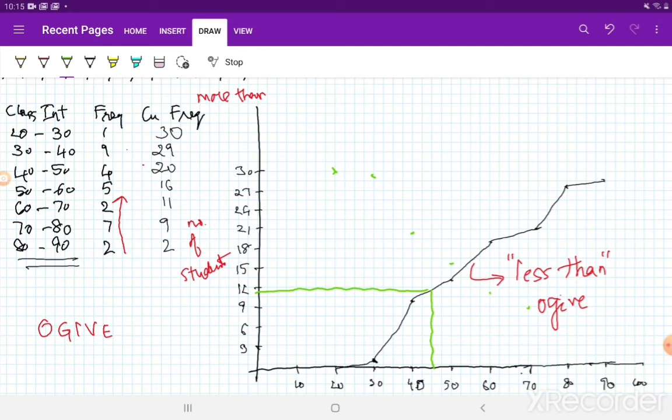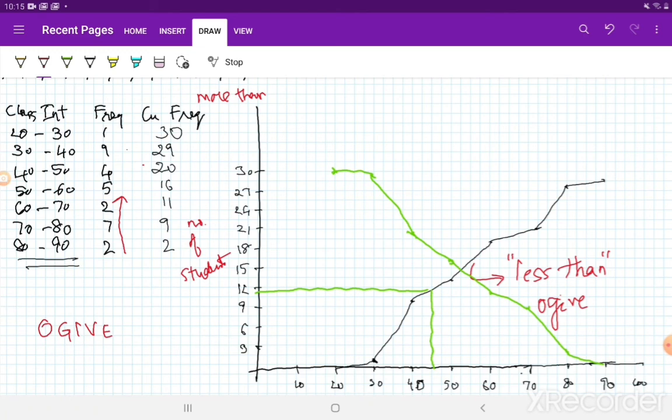More than $80 is 2 people. Again, once you have plotted the points, use a scale and join it with straight lines. You can always join this to the baseline 0 at 90.